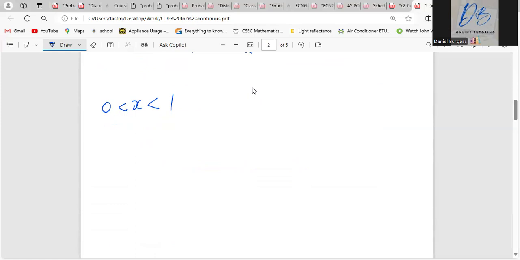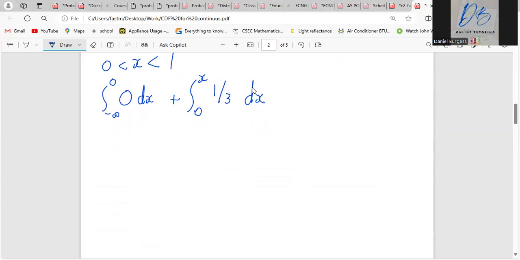It'll basically be the integral from minus infinity to 0 of 0 dx, plus the integral from 0 to x, some arbitrary point in between the first one, and in this case it will be a third dx.